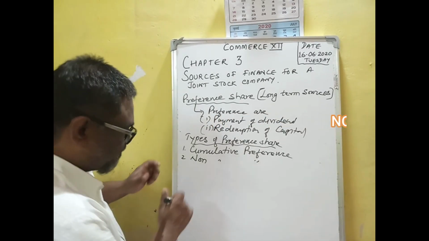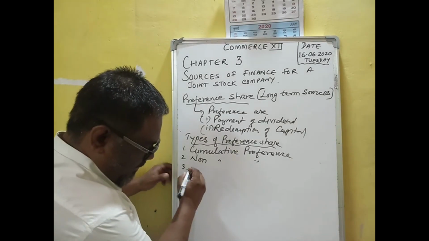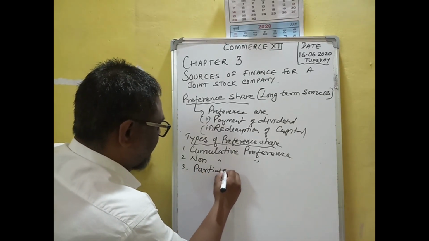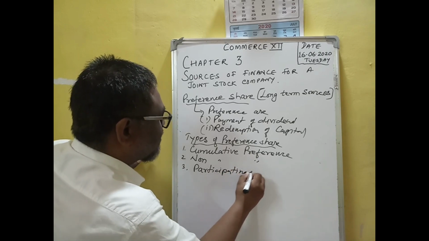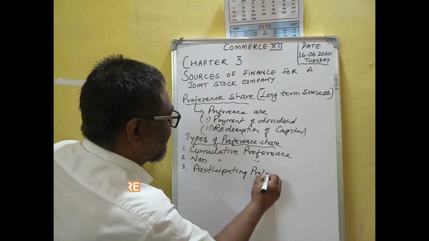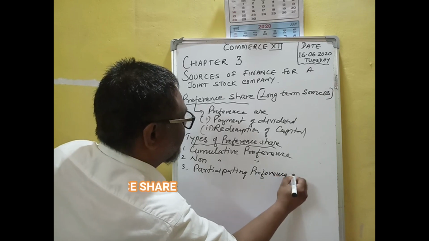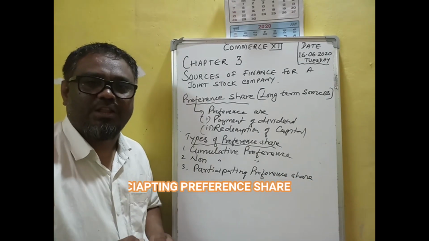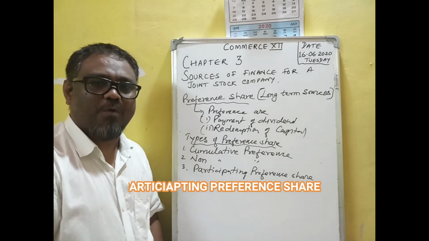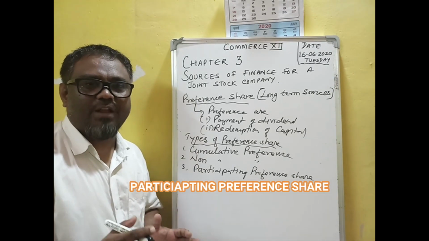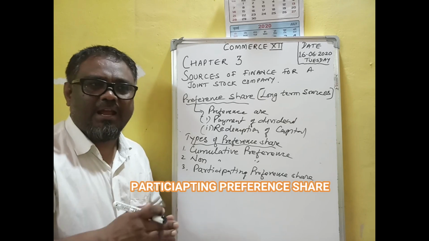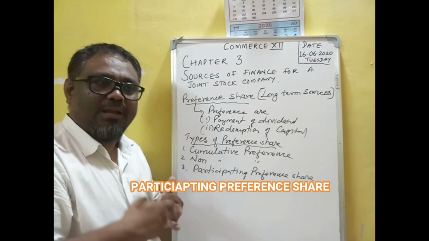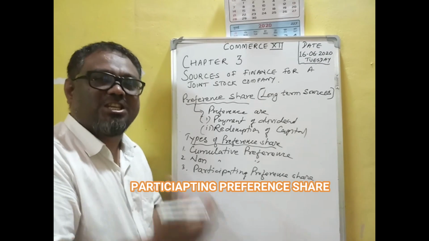And then we have participating preference shares. Participating preference shareholders are those who participate in the surplus profit of the company. They get two types of dividend. One is the normal dividend, and they also get a dividend on the excess profit of the company.